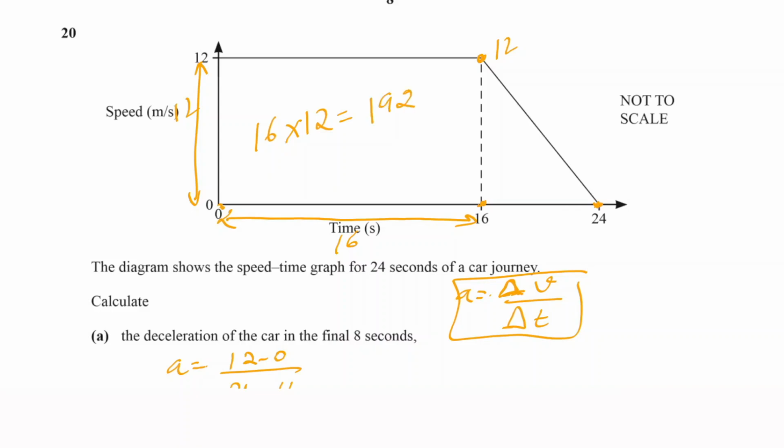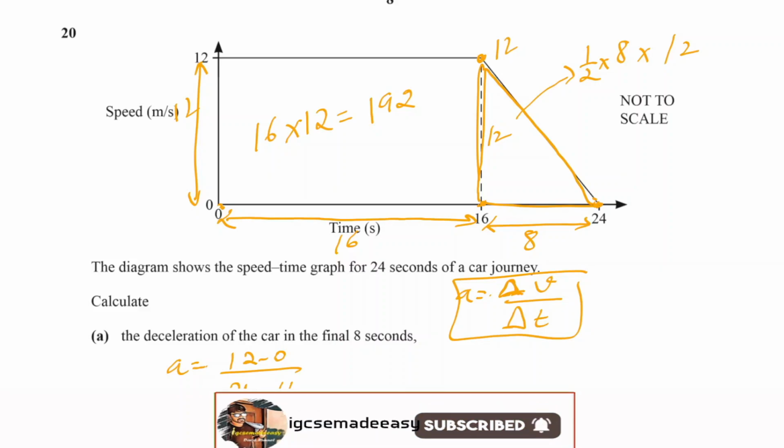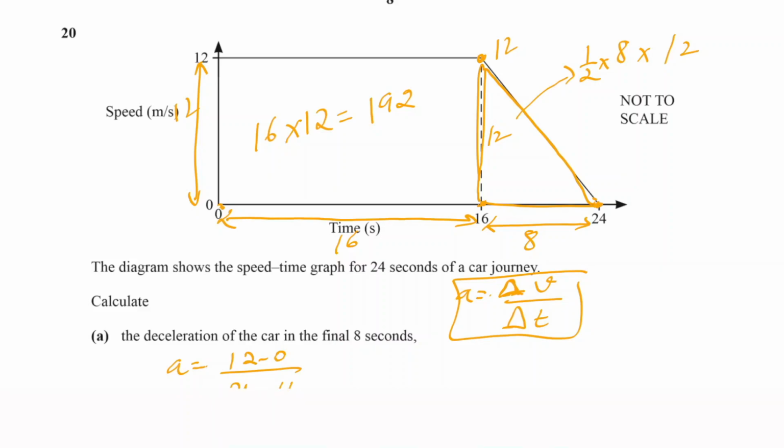Okay, and to find the area of this triangle, we can use the formula half into base into height. The base is 24 minus 16, which is 8, and the height is 12. If I do that in my calculator, I'll get 0.5 times 8 times 12, which gives me 48.